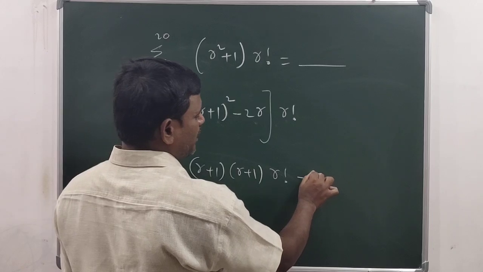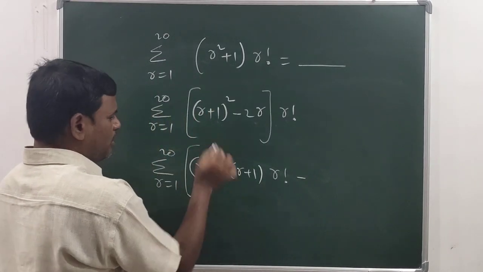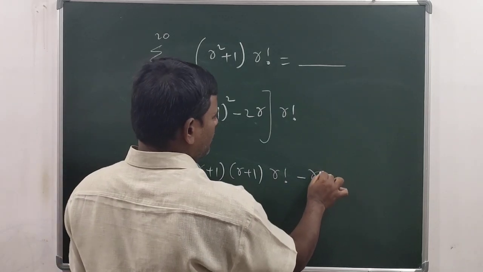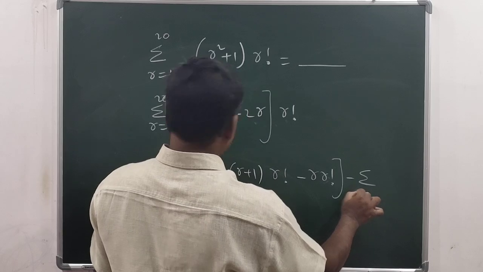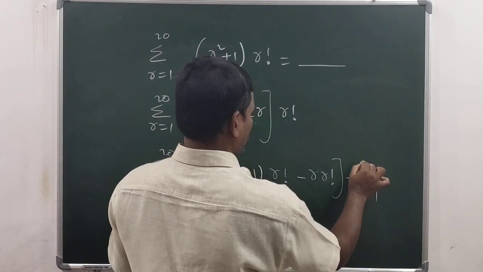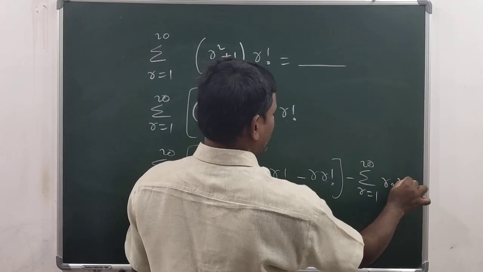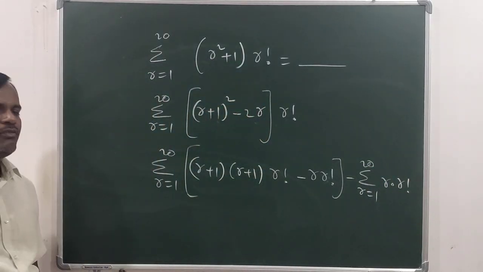So that I am going to write, see, inside only I want to keep it, r into r factorial, and minus summation, here r is running from 1 to 20, r into r factorial. I hope you have understood this.